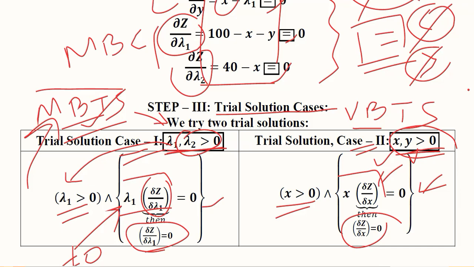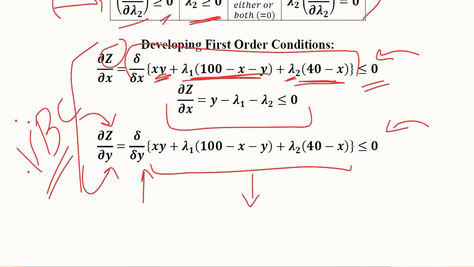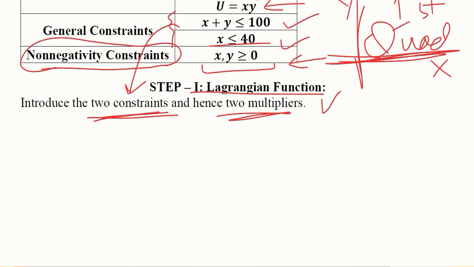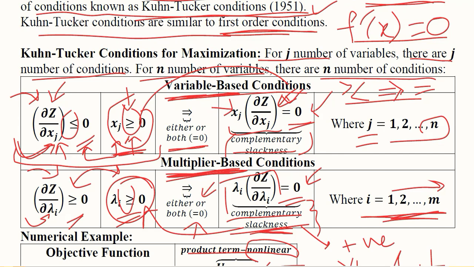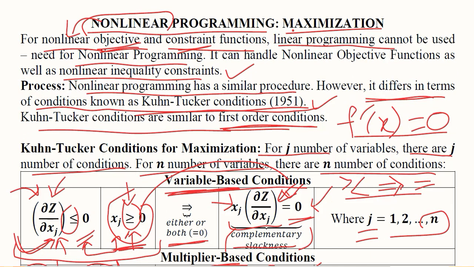And before that we developed those conditions using the Kuhn-Tucker conditions, and we developed the Lagrangian function before it, and this is how the nonlinear programming for the sake of maximization is done.